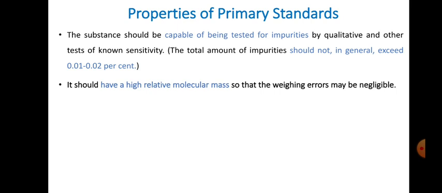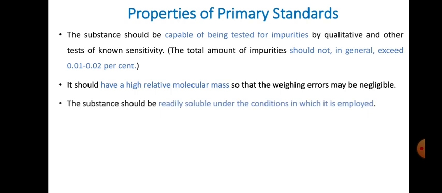Otherwise we have to weigh a large quantity, prepare the solution at higher concentration, and then dilute it further. Those kinds of problems should not happen in these cases. So primary standards should have sufficient molecular weight so that weighing errors can be avoided.